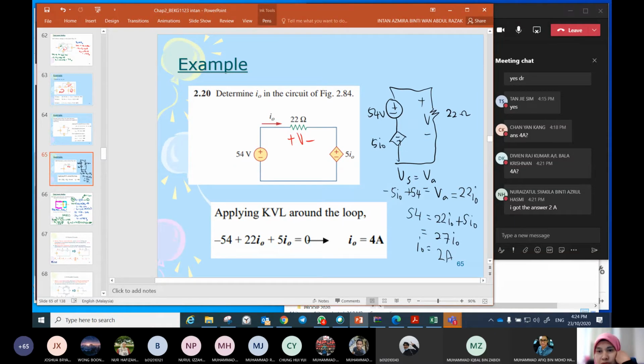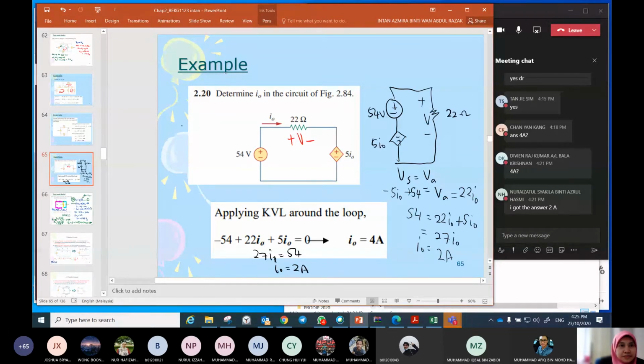Yes, like this. So 55 is equal to 22 I naught plus 5 I naught. So 27 I naught is equal to 54, right? So I naught will be 2, right?